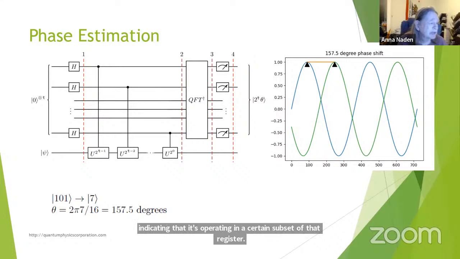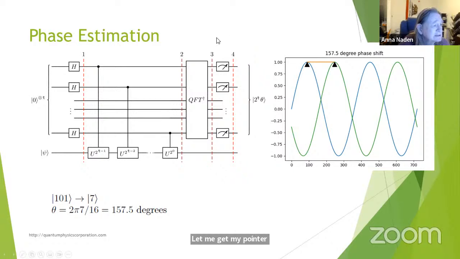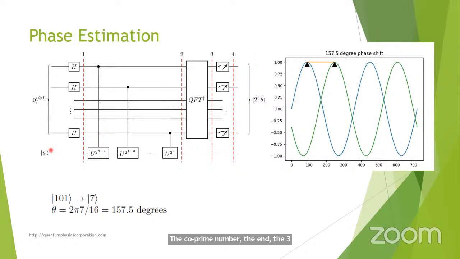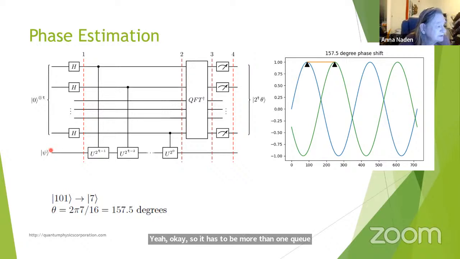No, the exponents, right, T, let me get my pointer. T selects which qubit you're working with, 0, 1, 2, 3, and so on, I think. And what psi, I believe psi comes from that random number that we chose, the coprime number, the A, the 3. Yeah, okay, so it has to be more than one qubit to hold that number then, right? Okay, all right, good, thanks.